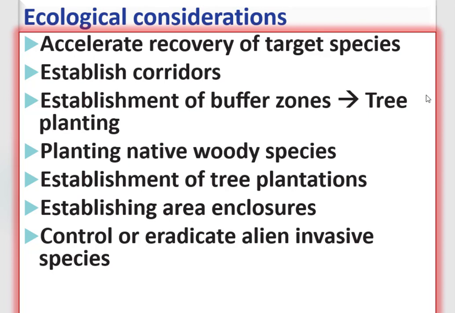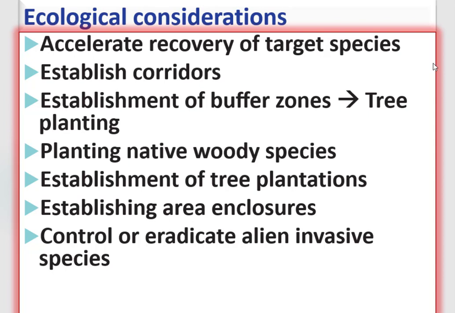Third, establishment of buffer zones through tree planting to stop further degradation of isolated forest fragments. Fourth, planting native woody species may be necessary on sites that lack vegetation, for example, steep slopes. Fifth, establishment of tree plantations which can serve as nurse crops on highly degraded sites.